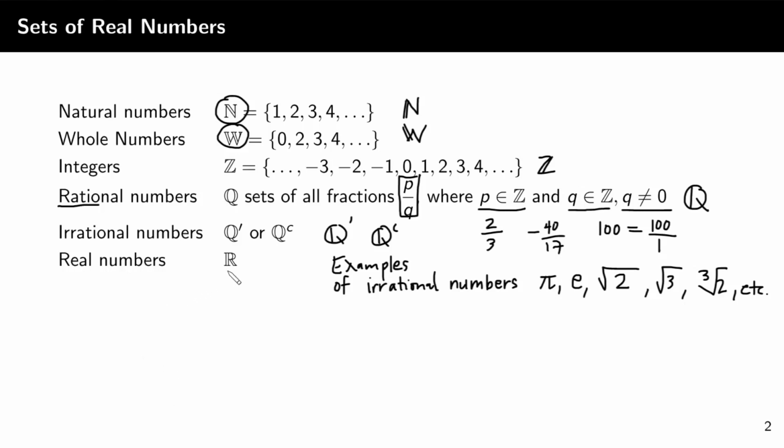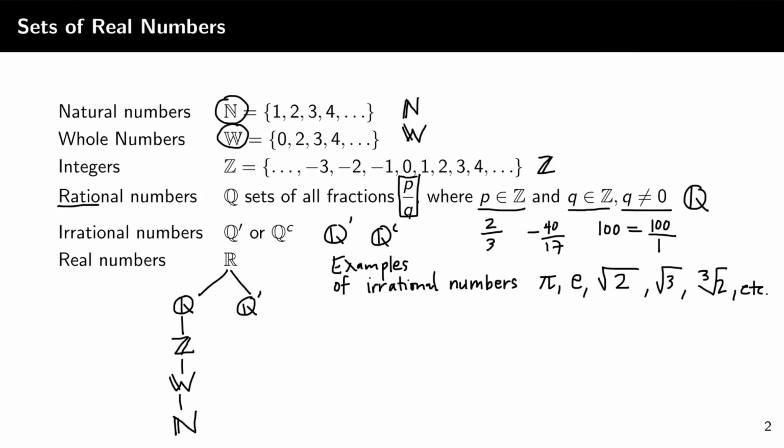So again, I'll start with R. And then we have the rational and irrational numbers. Sa loob ng rational, nandun yung mga integers. And then sa loob ng integers, nandun yung whole numbers. And then sa loob ng whole numbers, nandun yung mga natural numbers natin. Okay.